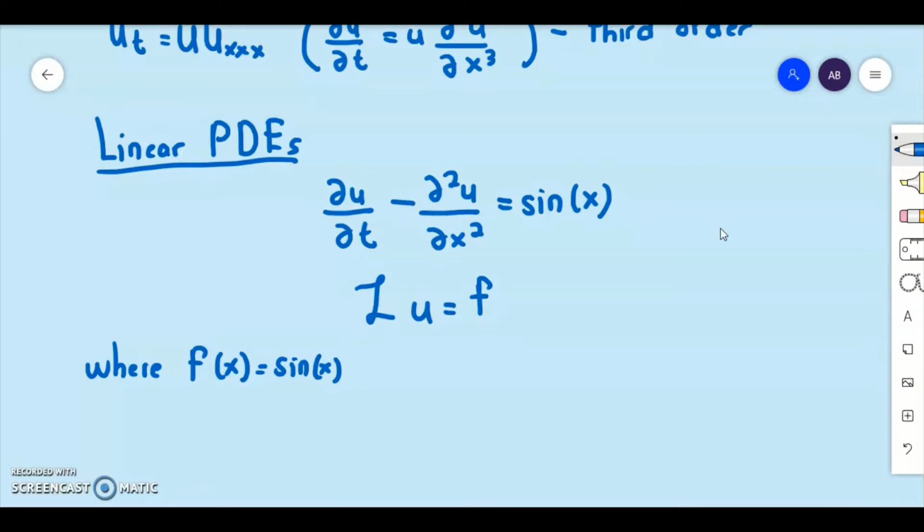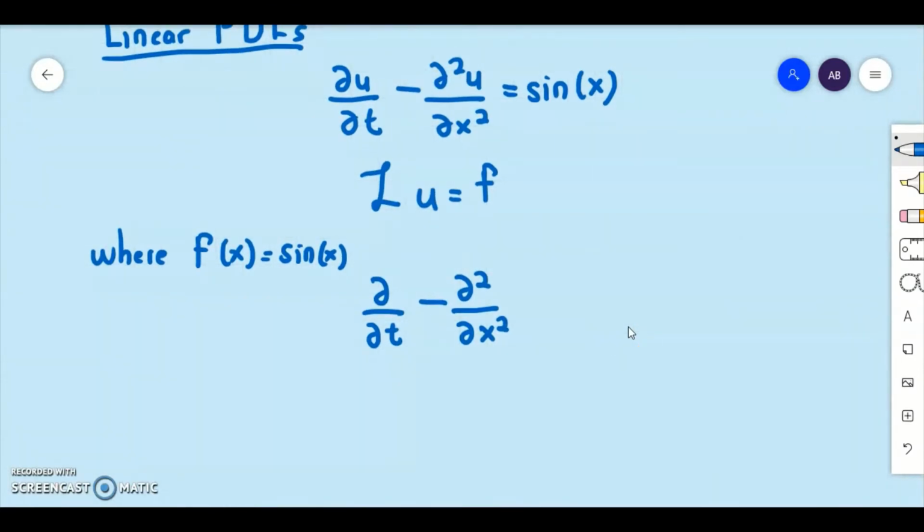I can write my L operator here as partial over partial t minus partial squared over partial x squared.